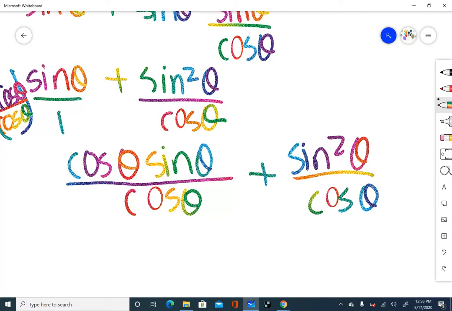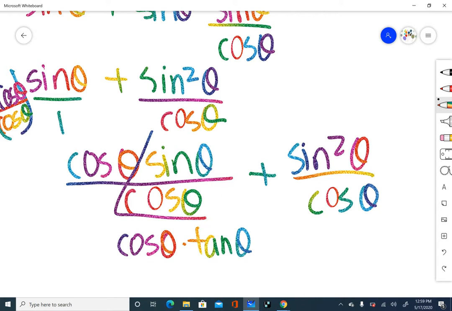Okay? So we need to get tangent. So let's see. Okay, got it. So I have cosine theta times tan theta, because this right here is tangent.